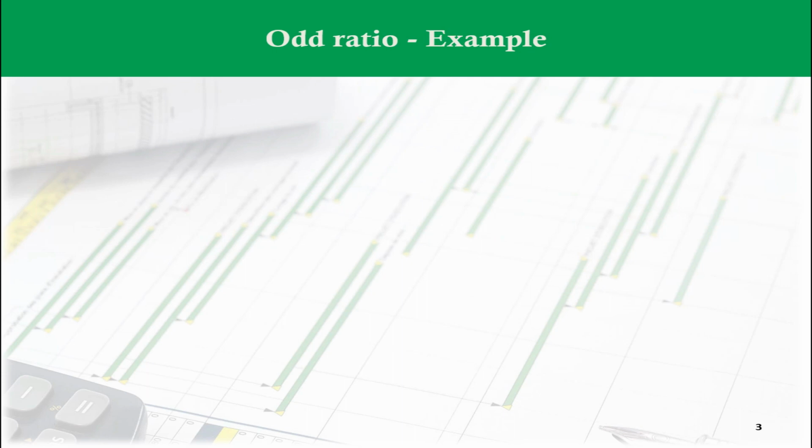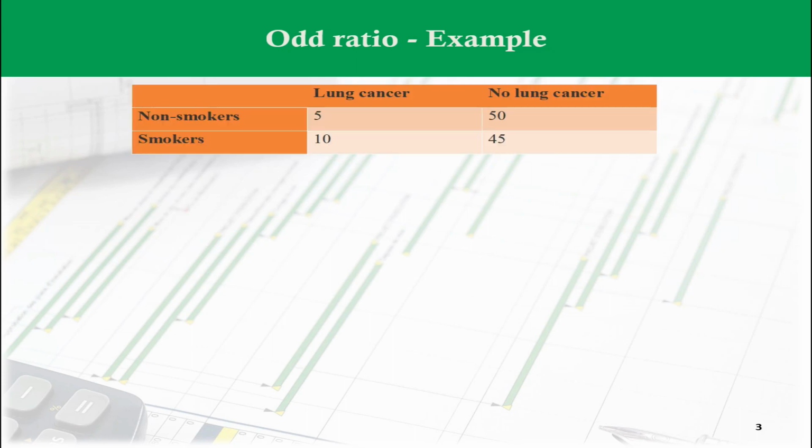Let's understand a little bit more about odd ratios by taking an example of the linkage between smoking and lung cancer. Let's say we were trying to establish whether or not there is a link between smoking and lung cancer. Our sample can be split into four groups: exposed with cancer, exposed without cancer, unexposed with cancer, and unexposed without cancer.